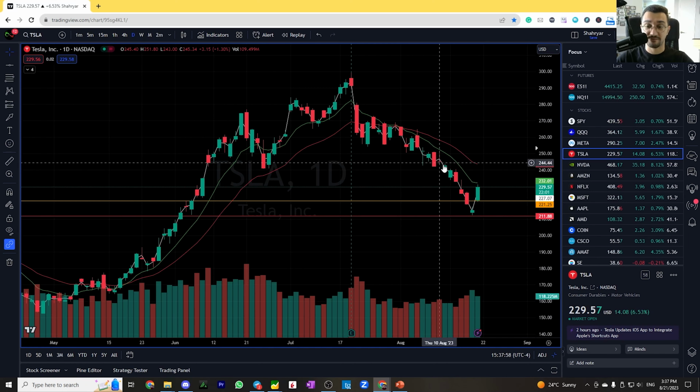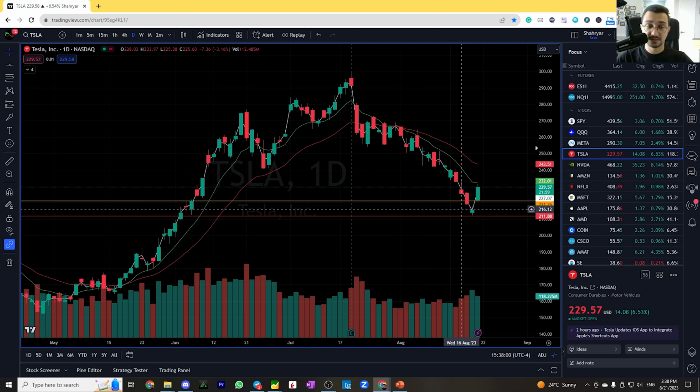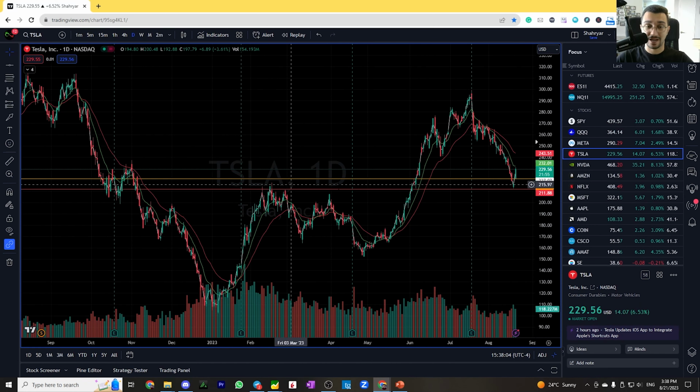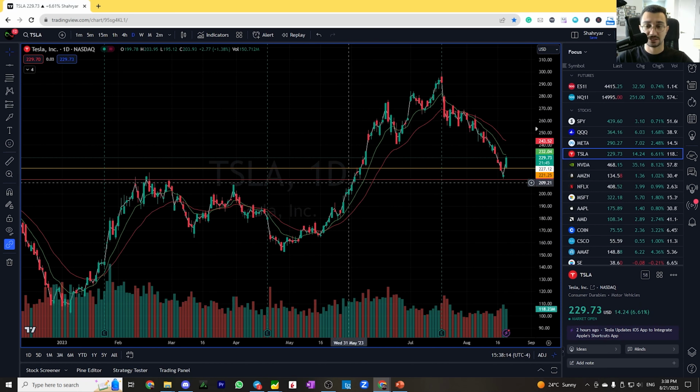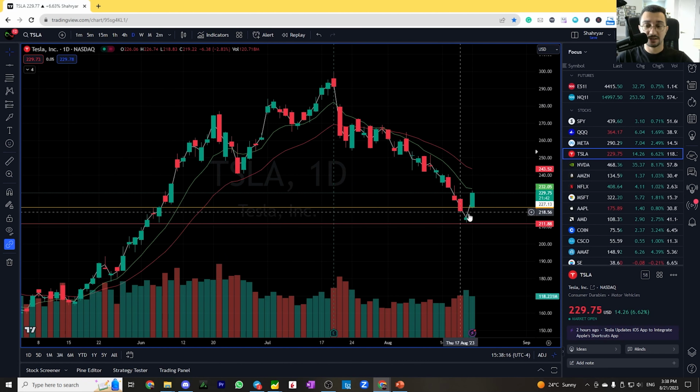So it was a very fast sell-off, and a pullback was kind of necessary. But what actually happened was that on Friday last week we hit this 210-ish zone, which is a critical level. It was a critical resistance, and for now it acted as a really strong support.